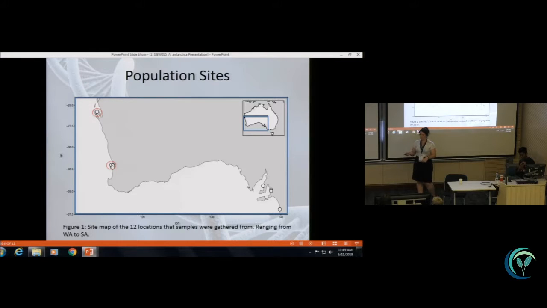From there, I also had 4 population sites in South Australia. These were my broad scale sites to compare with my local population. So I had 4 sites ranged along a coastline of 374 kilometres. And then I could run my connectivity scales from there.